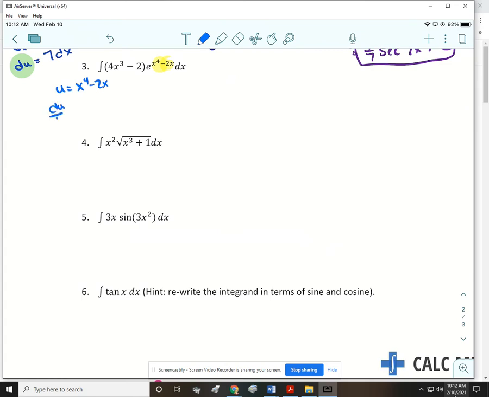All right, the derivative of that is 4x cubed minus 2. And when we solve that for du, we get 4x cubed minus 2 dx.